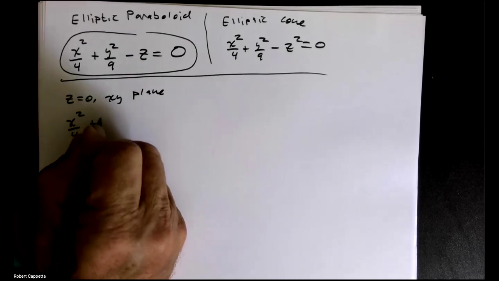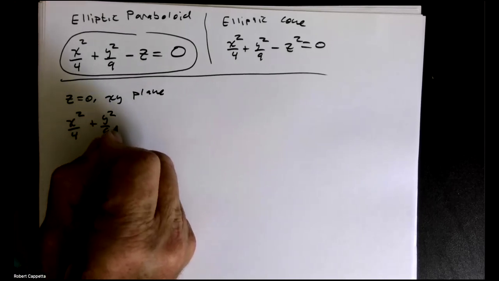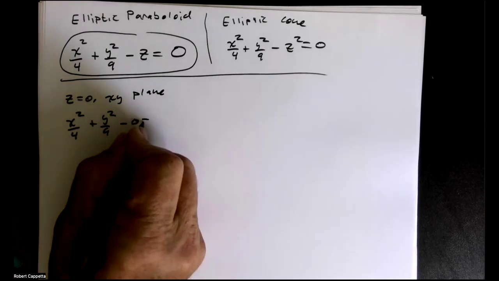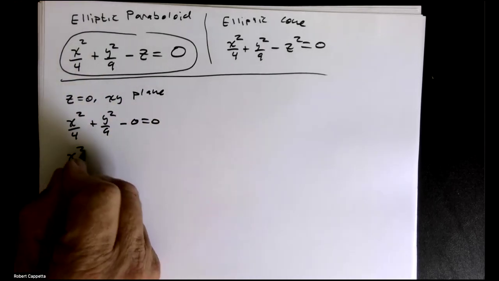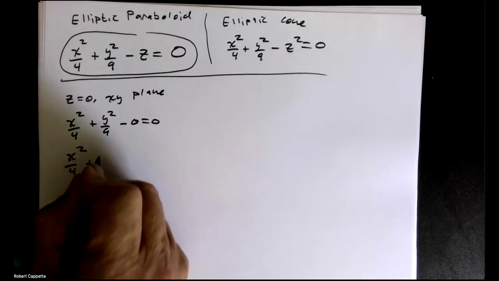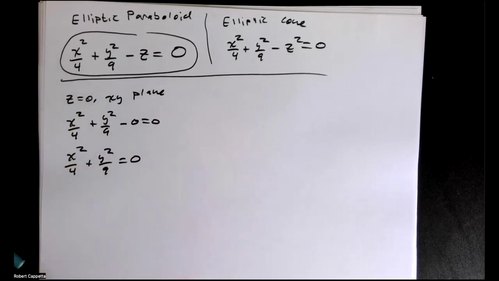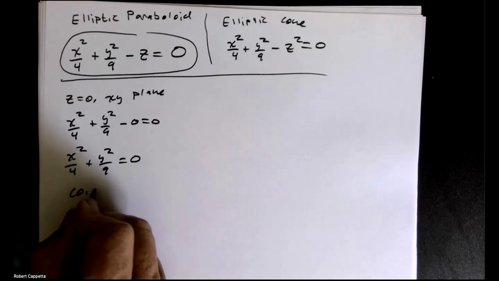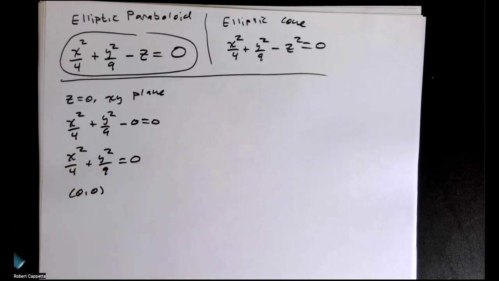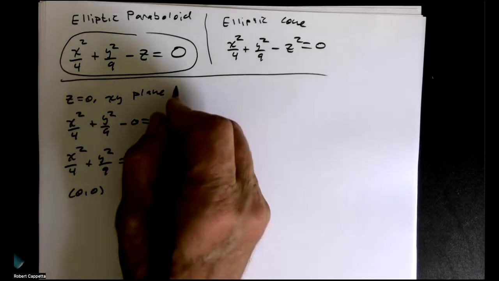You get x squared over 4 plus y squared over 9 minus 0 equals 0. X squared over 4 plus y squared over 9 equals 0, and all we have is a single point, 0, 0. So the only place it's going to intersect is at that point 0, 0 in the xy plane.